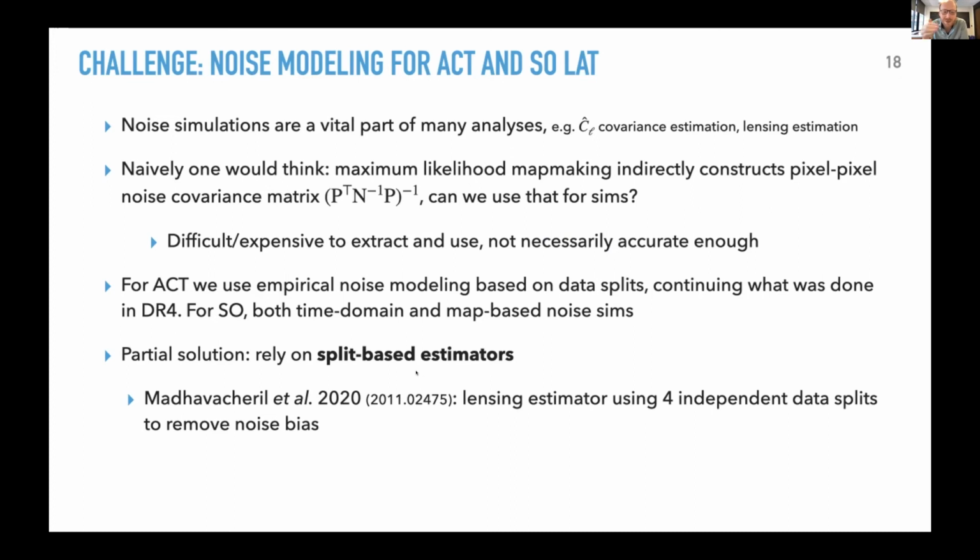But you can construct these for other things as well. And especially this one that I point out here, where you use 4 independent splits to construct a lensing estimator that is very insensitive to the noise modeling, turns out to be very useful for us. So I think going forward, these sort of estimators are really the way to go to reduce the sensitivity to the noise modeling, which is hard.